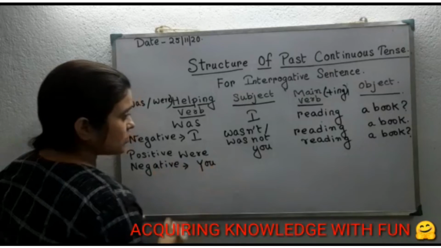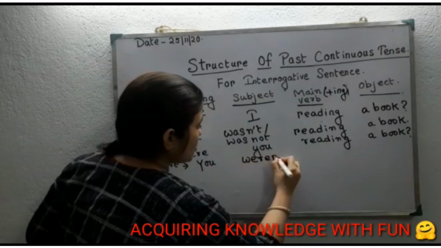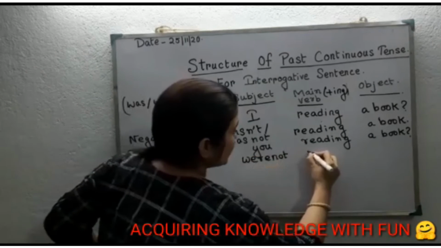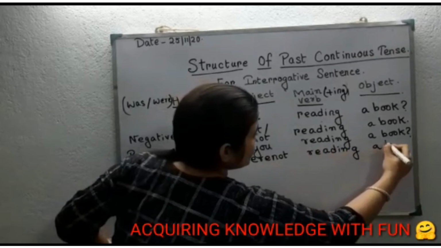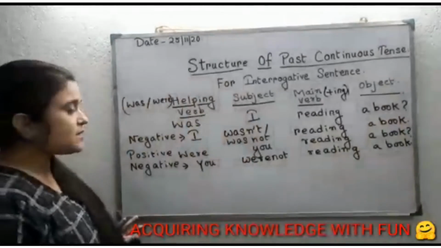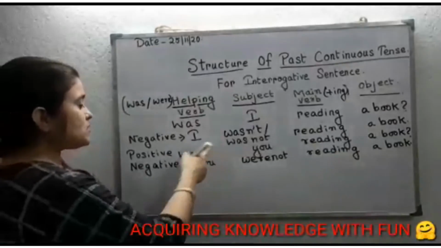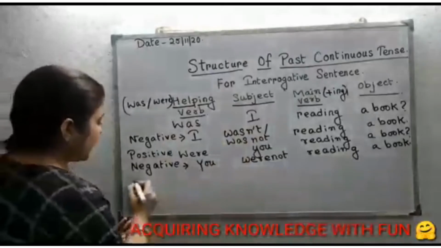You weren't or were not reading a book. Good. Question mark? Not question mark. Full stop. This is declarative sentence. Previous was interrogative. That's why I put question mark over there. Understood? Okay.